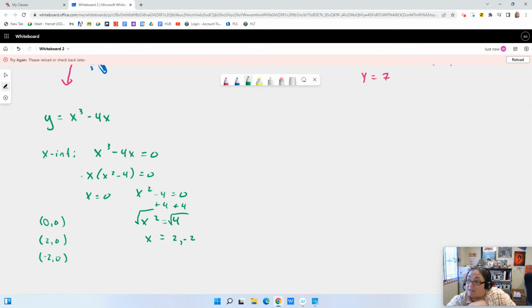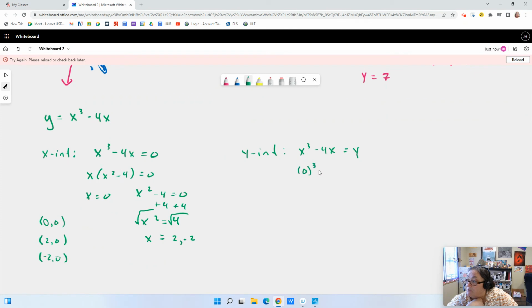What about our y-intercept? Now we already kind of got our y-intercept based on this, but let's do the math behind the y-intercept. I want the y-intercept. This time we set x equal to 0 and we solve for y. So I'm going to write it the same way: x cubed minus 4x equals y. Only this time, wherever there's an x, we're going to put in 0.